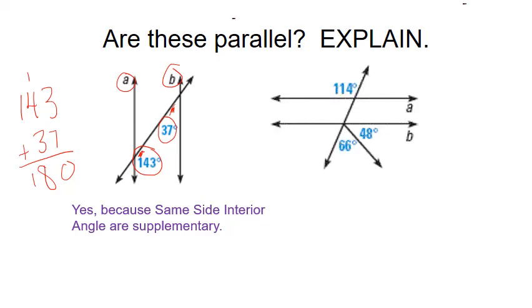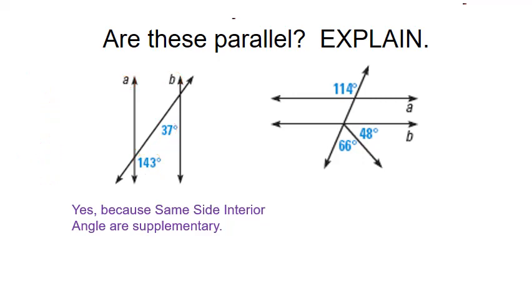So if we look at another example here, we have this angle measuring 114 degrees, we have 66 degrees for this angle, and 48 for this angle. We know that the 114 degree angle and this big angle, these two angles summed together, are alternate exterior, which means that they should be congruent.